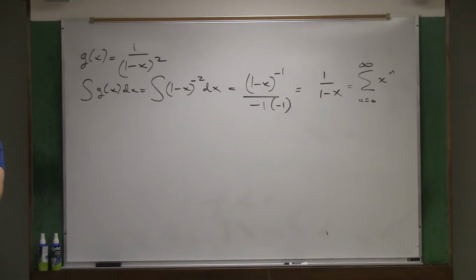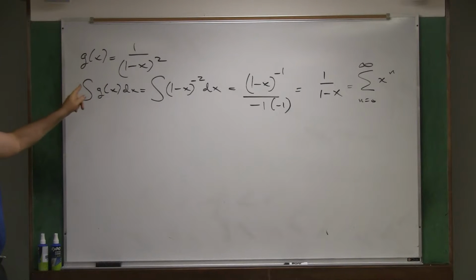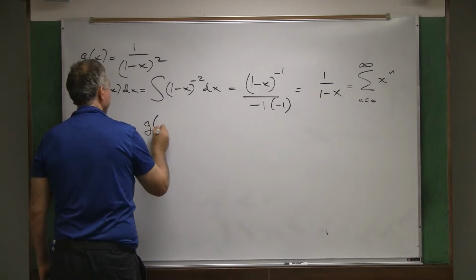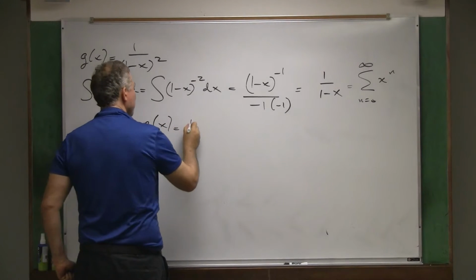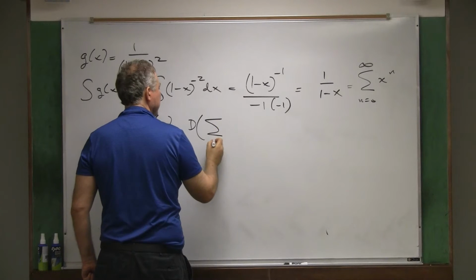The derivative of the series. Yeah, if the antiderivative of g is a series, then the derivative of that series is g. So g, in other words, is the derivative of this series.